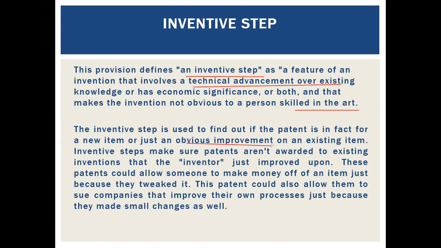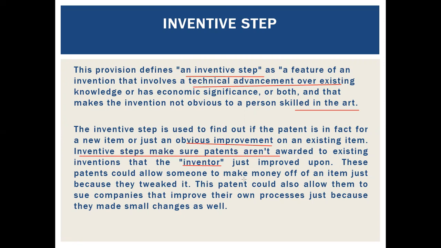First, we need to understand that the inventive step is the new step: a new item, or just an obvious improvement on an existing item. Secondly, the inventive step makes sure patents are not awarded to existing inventions. If the invention already exists, it should not be patented.